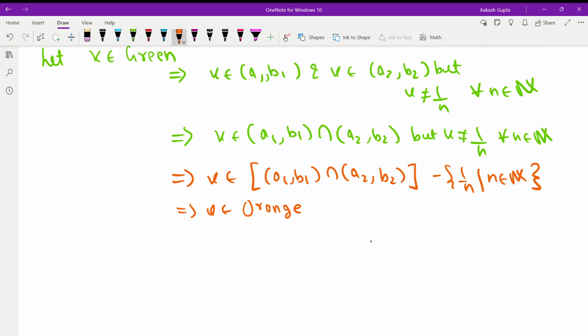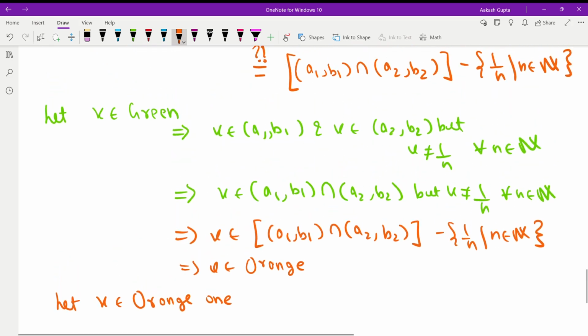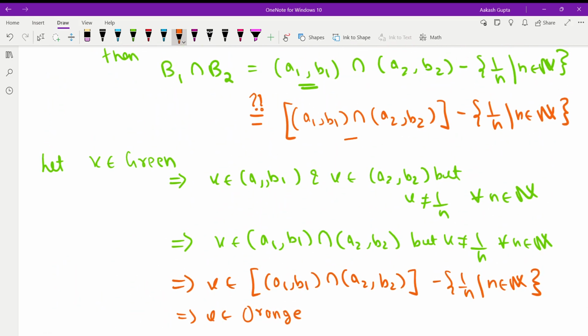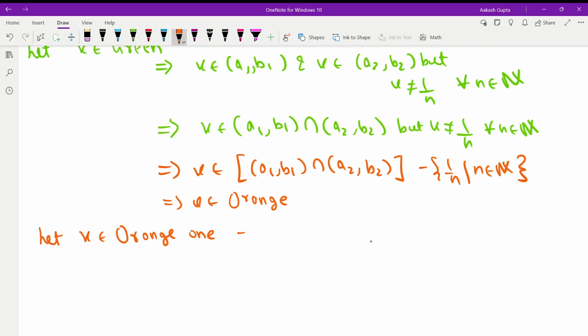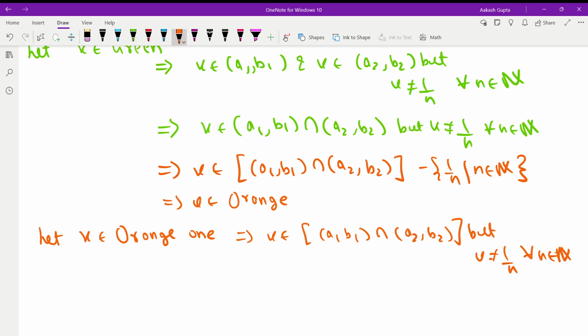Now let x belong to orange. The orange one, basically this side. What does it mean? This implies x belongs to this thing, (A1, B1) intersection (A2, B2), but x is not equal to 1/n for every n in N. Very nice.